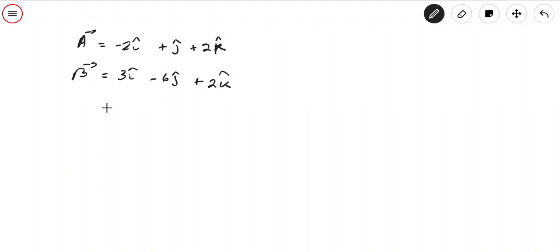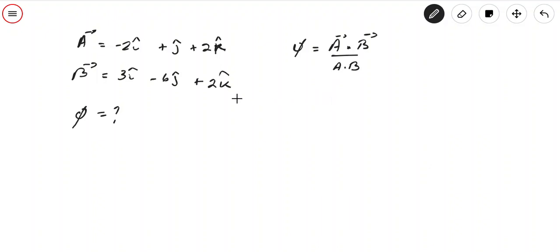If we have to find the angle phi between these two vectors, of course we know that the cosine of the angle phi between the vectors will be equal to the product of the vector A times vector B over the product of the magnitudes of the vectors A and B.